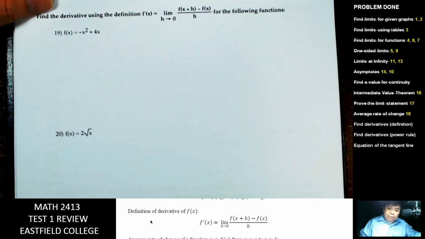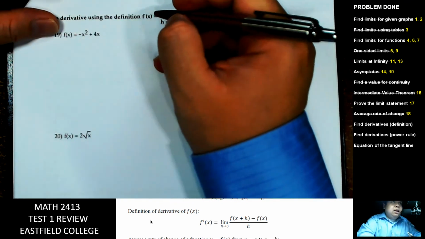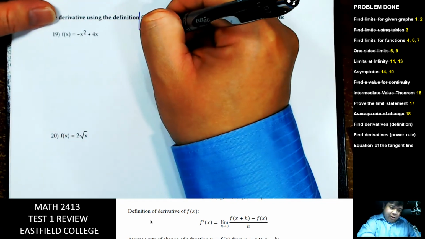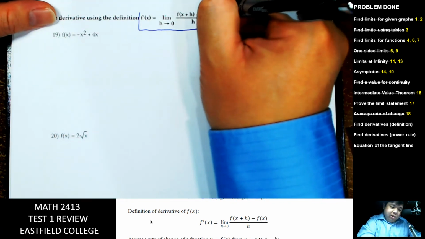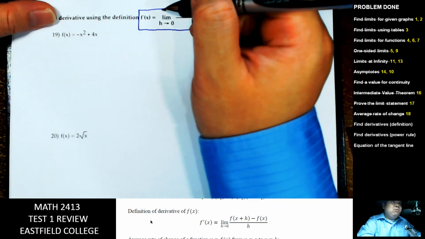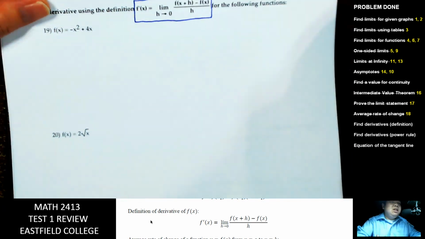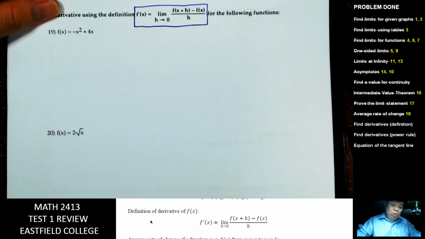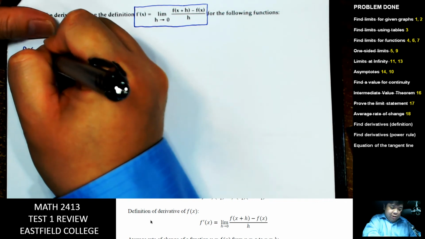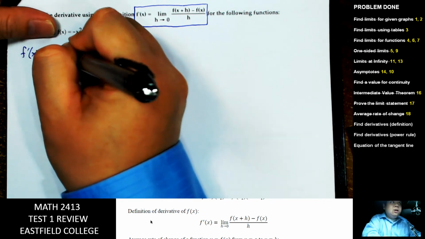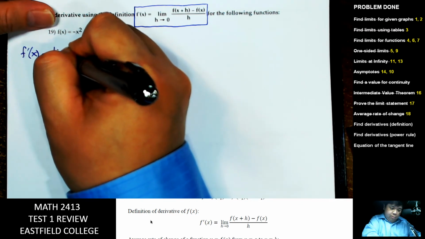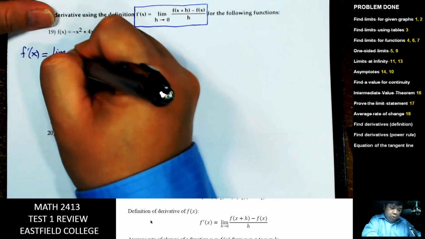This is the definition of the limit, sorry. Definition of derivative using the limit. Right, so we start with that. h goes to 0.